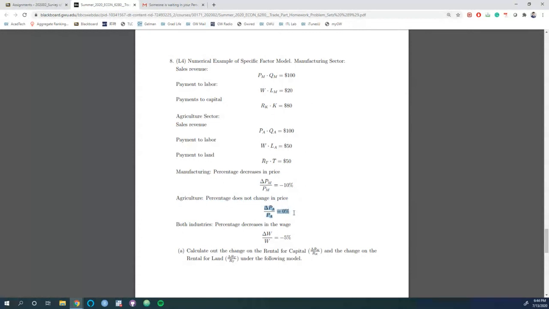So this is equal to 0%. And one more thing I know is that the change in the wage, in percentage, is -5. So in this scenario, the relative price in manufacture is increase or decrease to the price change in the agriculture sector.